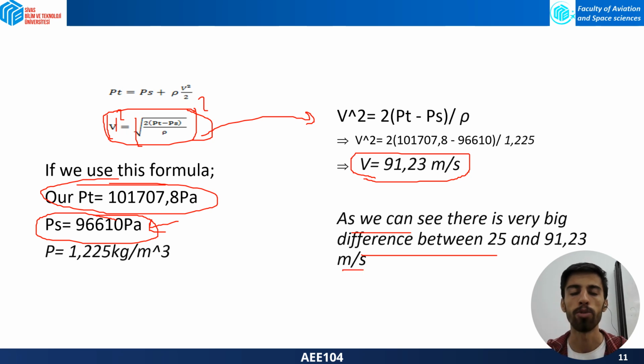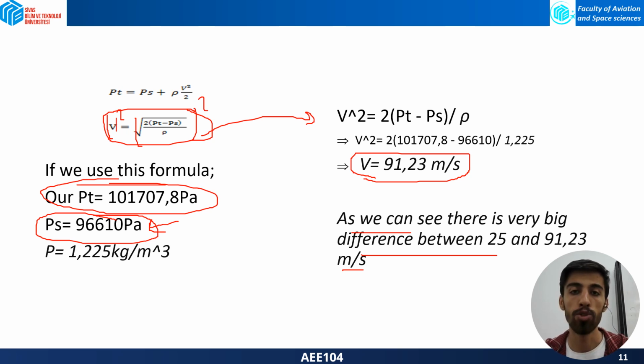As we can see, there is a very big difference between 25 and 91.23 meter per second. We can say that it's very important to have more than one pitot tube, because it's very common that in some situations the static port or the other port can be blocked with foreign object damage.